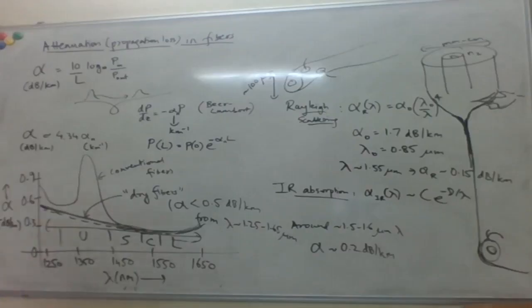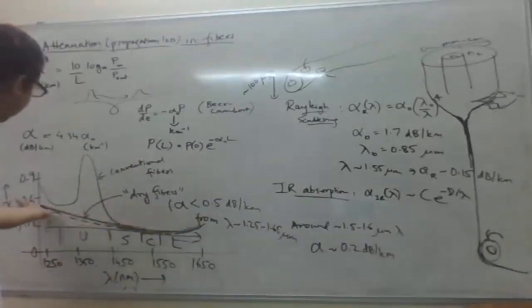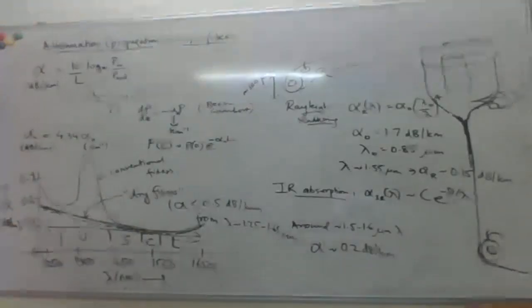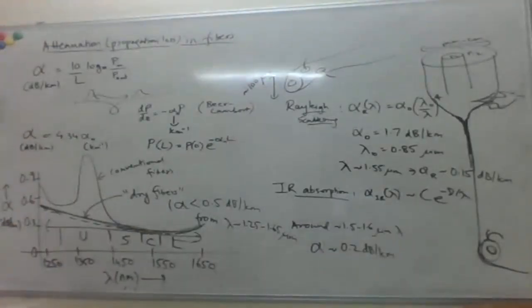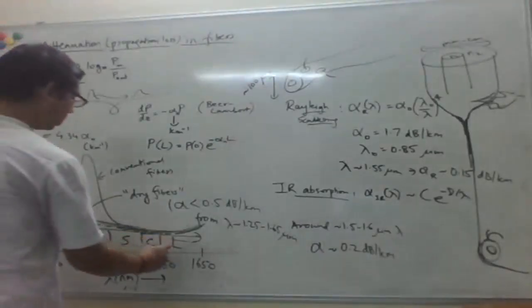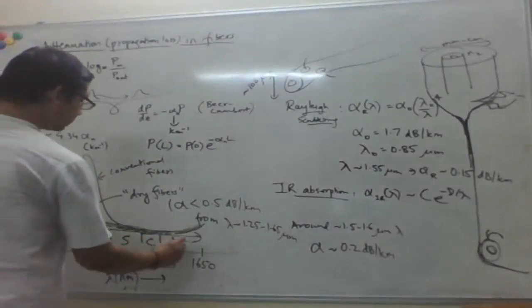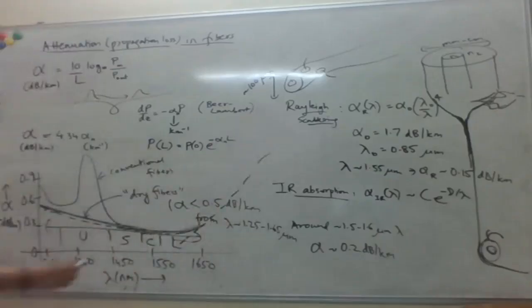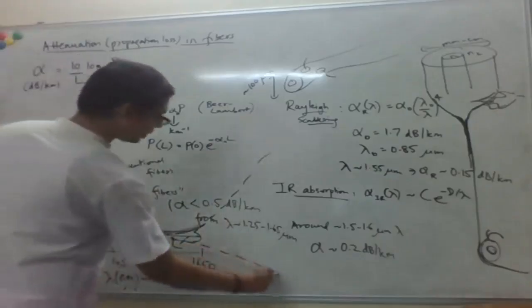Okay, so these dry fibers are basically at the fundamental level. You can't really do any better if you are using pure glass. The problem with glass is that towards longer wavelengths, this IR absorption starts coming in, while the Rayleigh scattering keeps going down.